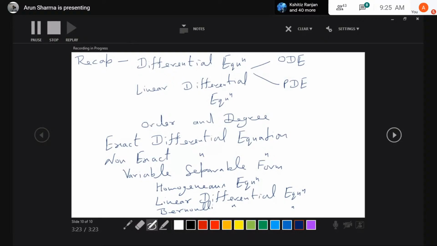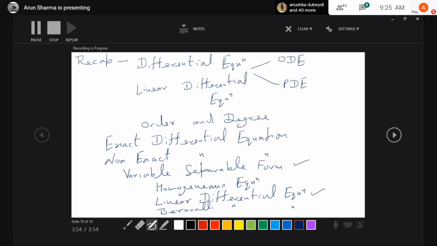By a substitution, there is a very standard substitution, y to the power minus n equal to p or v, whatever. Similarly, for the homogeneous equation, we have a standard substitution y equals Vx. Using that substitution, we convert it into variable separable. These two are fundamental.